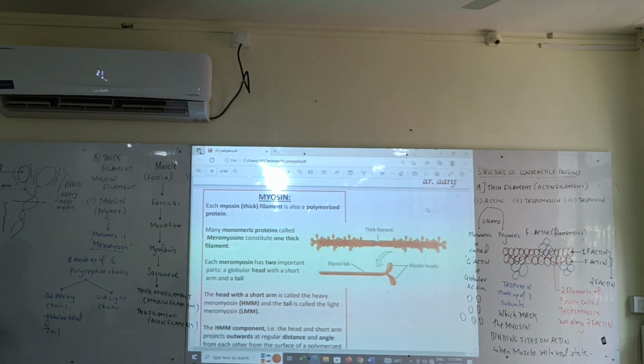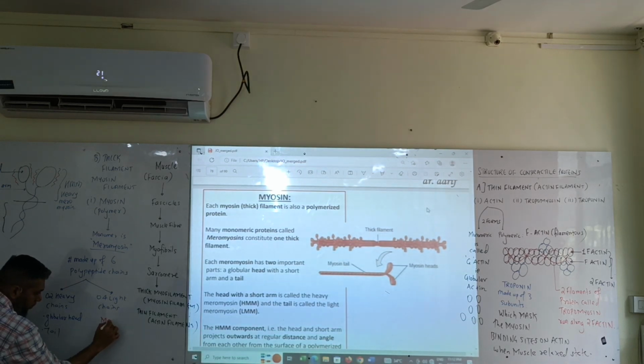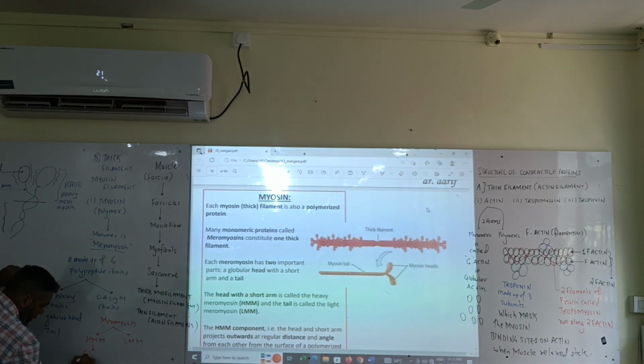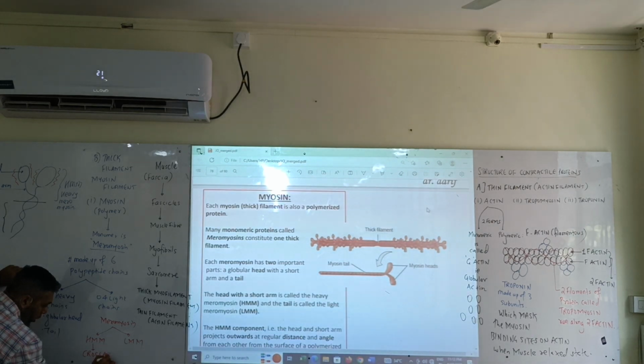So can I say that the meromyosin got divided into two parts, HMM and LMM, and HMM has got a cross arm? Yes or no? Yes. Look at this, ध्यान दो.